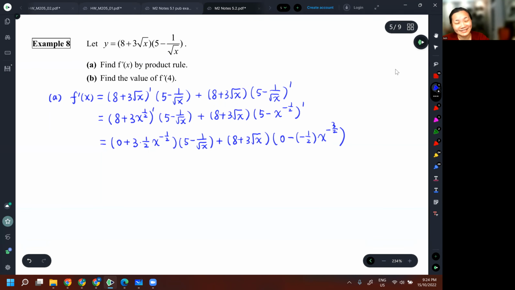And that's not the end. Unfortunately, that's not the end. It's 3 over 2, x to the power negative 1 over 2.